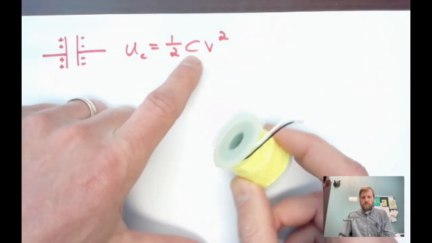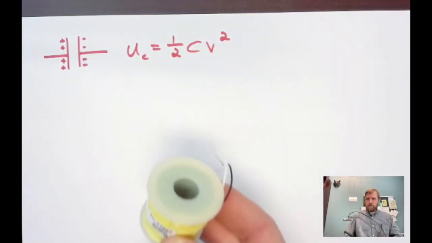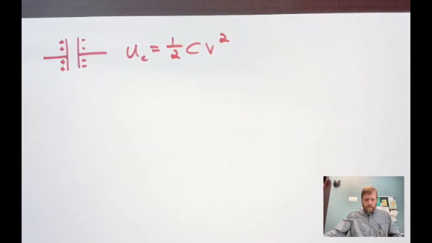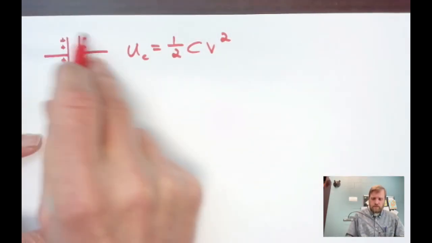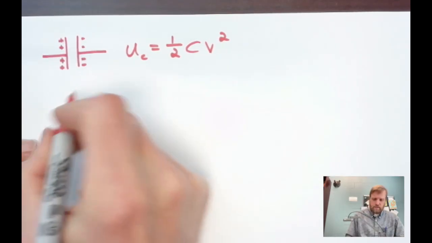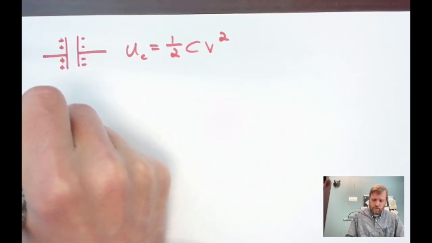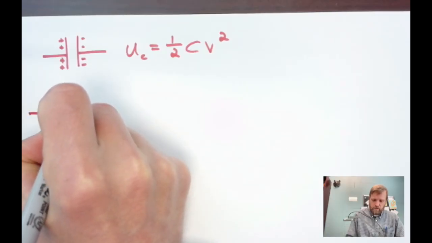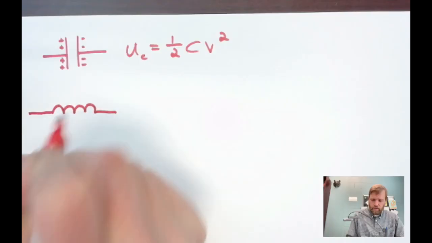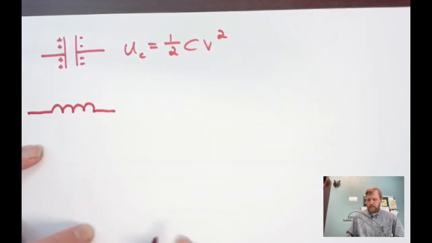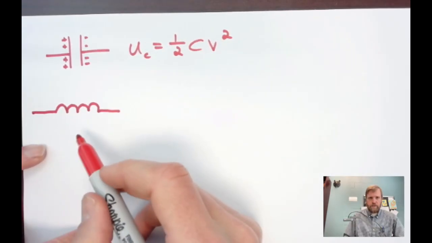All of that stuff goes into capacitance. The same thing is true for inductors. So this is the circuit diagram that we use for capacitors. For inductors, we use a circuit diagram that kind of looks like a coil of wire, like this. And sometimes you'll see it coiled more than others.